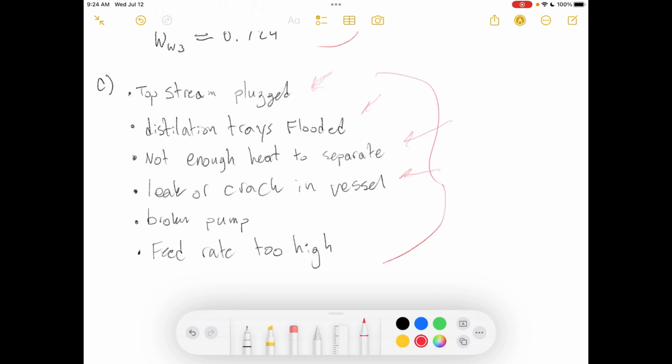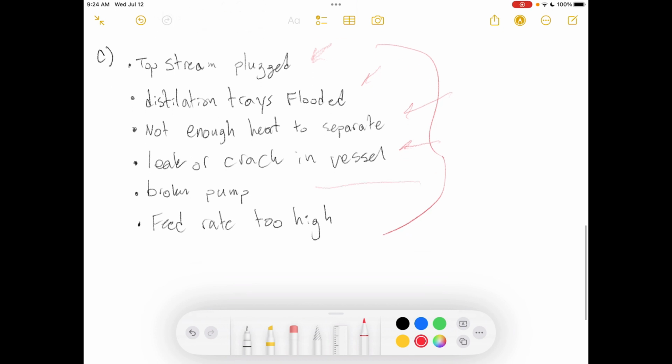And that could be inside the vessel, or outside or around the vessel. Maybe you have a broken pump, so you don't have the flow rate going into the vessel that you thought you did, or you have recirculation going back into the vessel that shouldn't be. Maybe a valve is stuck open or something like that.